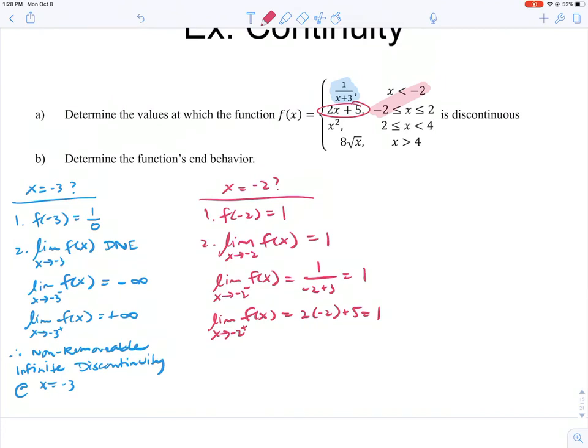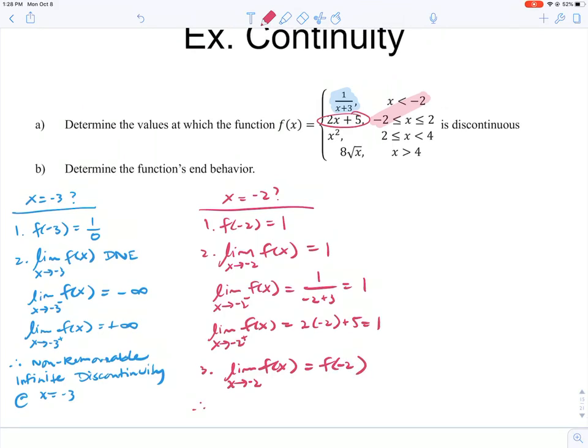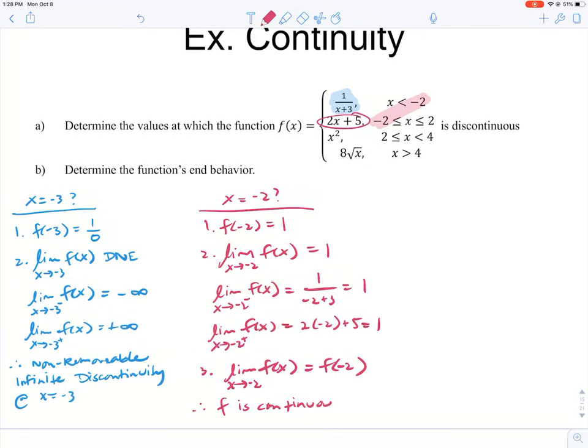So the function evaluated at negative 2 is 1. The limit as x approaches negative 2 is 1. Those match, right? So the limit as x approaches negative 2 ended up being equal to f of negative 2. So therefore, we can say that f is continuous at x equals to negative 2.